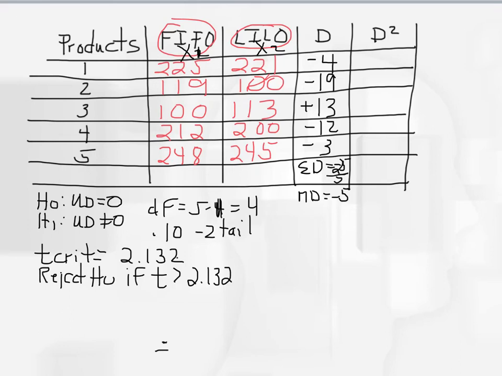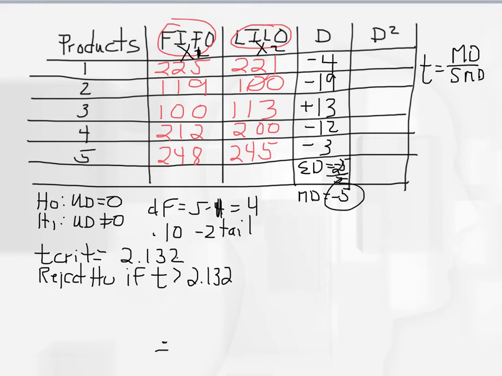Our formula says to get the t-value, we take the mean difference and we divide it by the standard error of the mean differences. So the hard part now is, how do we compute that standard error of the mean difference? We know what the mean difference is. The mean difference is minus 5.